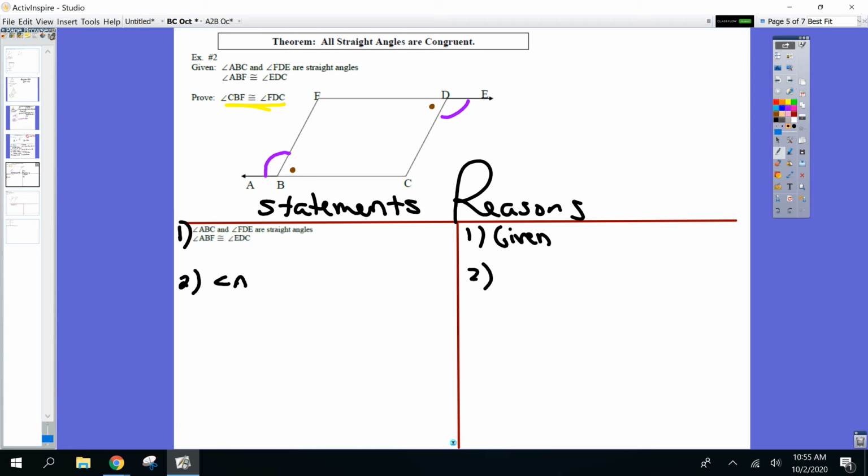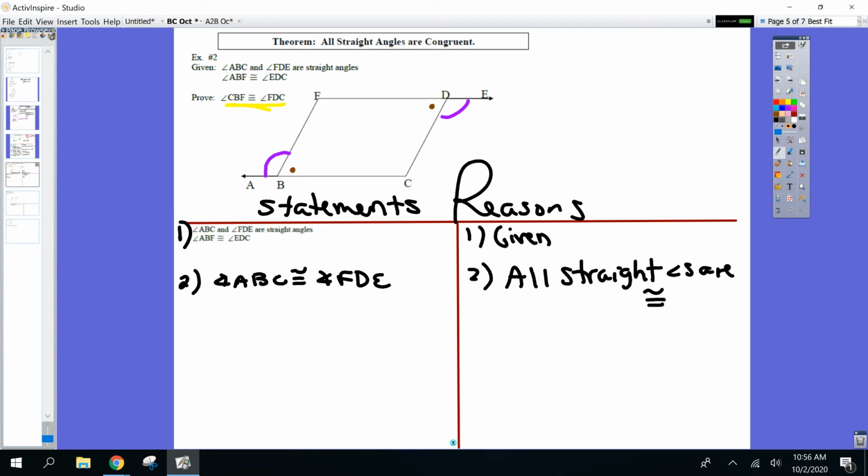I already gave it to you. So I can go right to saying angle ABC is congruent to FDE. All straight angles are congruent. Can I abbreviate straight ST? No. I'll get that question covered for a couple of you at home.